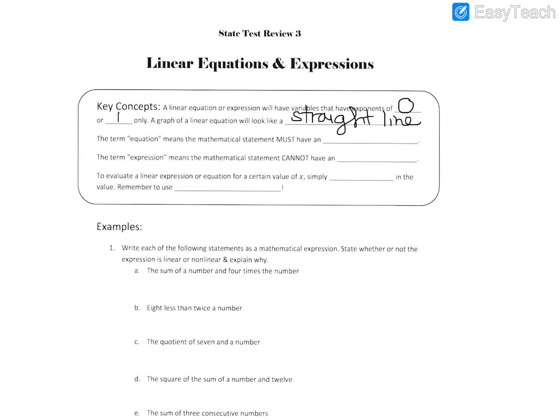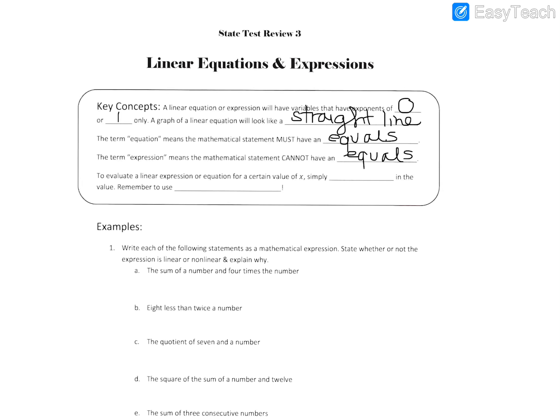The term equation means the mathematical statement must have an equals. The term expression means the mathematical statement cannot have an equals.